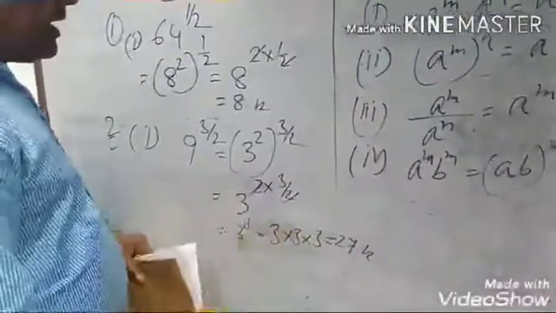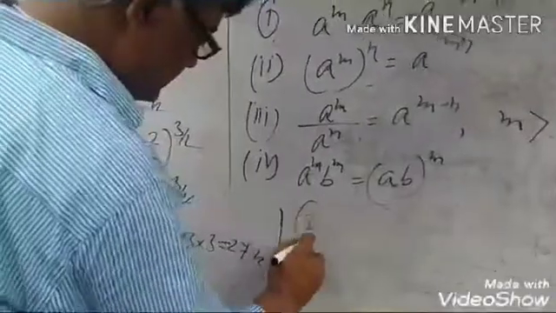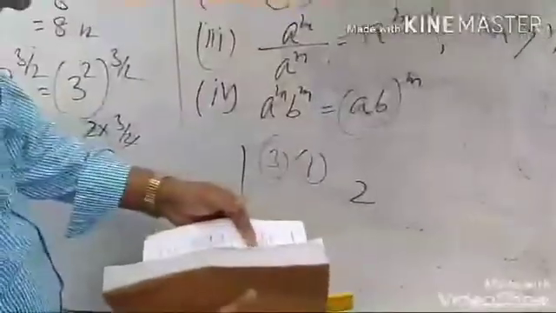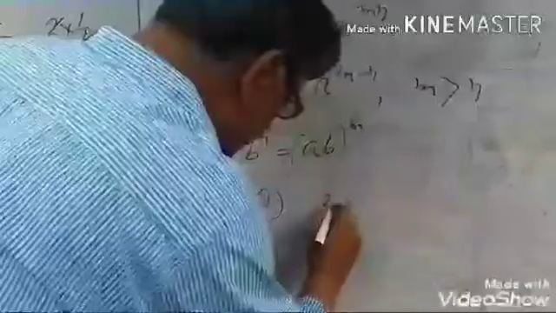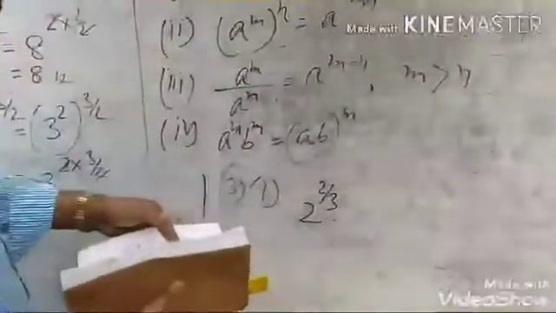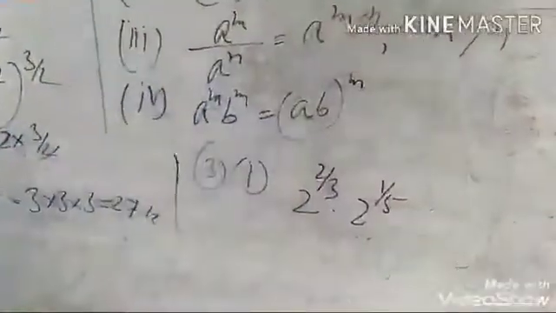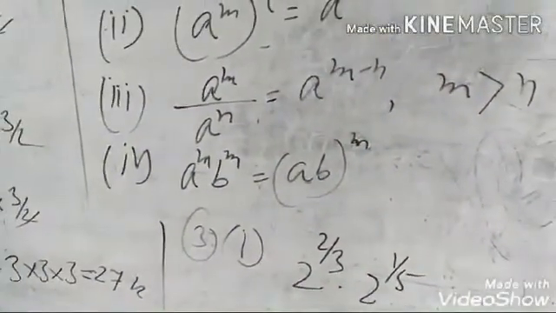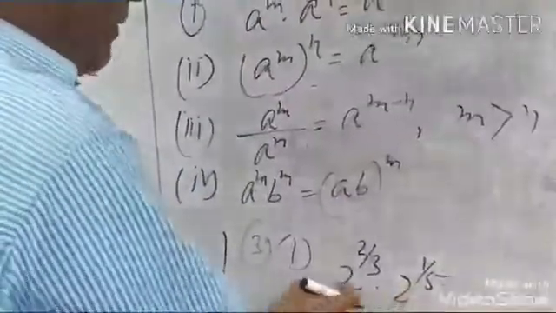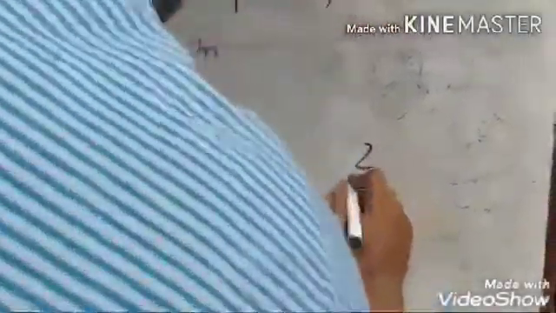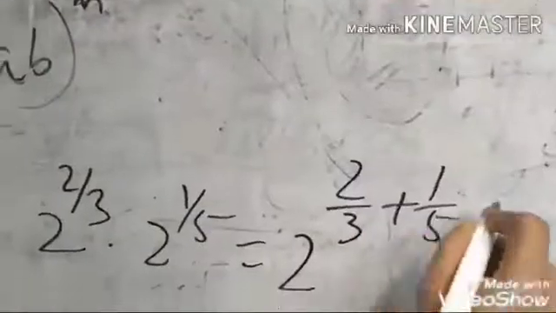Question number 3. 2 to the power 2 by 3 into 2 to the power 1 by 5. We apply this formula. Base same, exponent is different. The result is 2 to the power 2 by 3 plus 1 by 5.